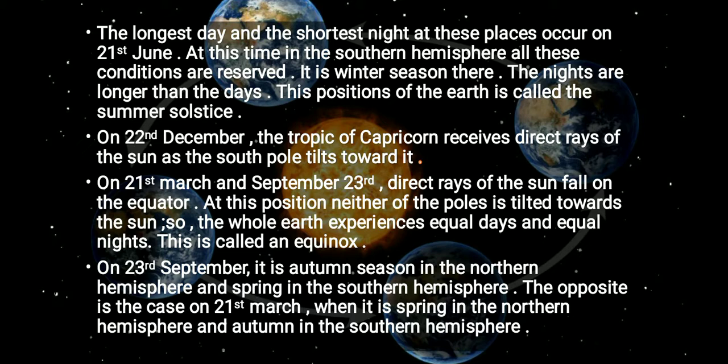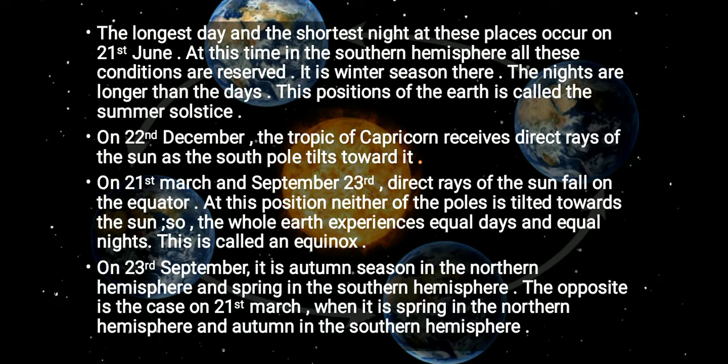At this time, in the southern hemisphere, all these conditions are reversed. It means if in the northern hemisphere it is summer, then the places located in the southern hemisphere will have winter season. And definitely in the southern hemisphere the nights will be longer and days will be shorter. This position of the earth is called the summer solstice.